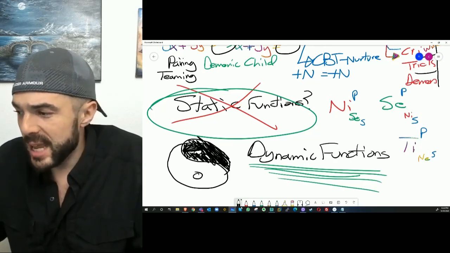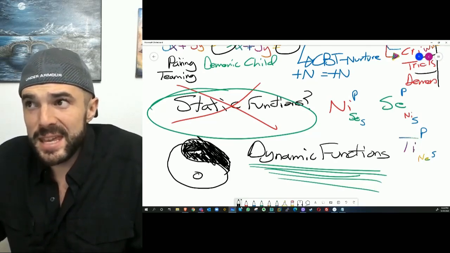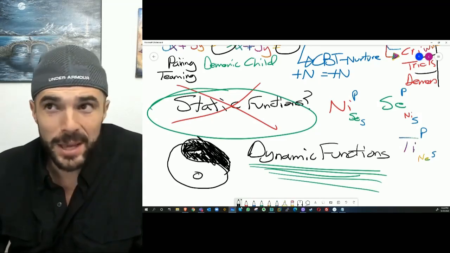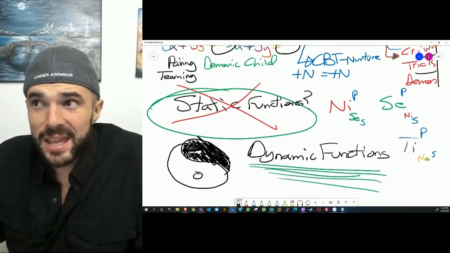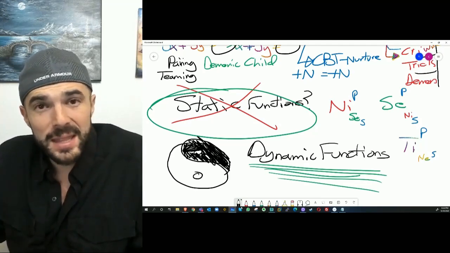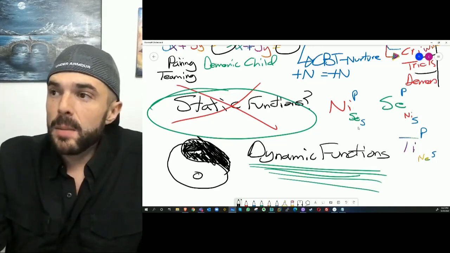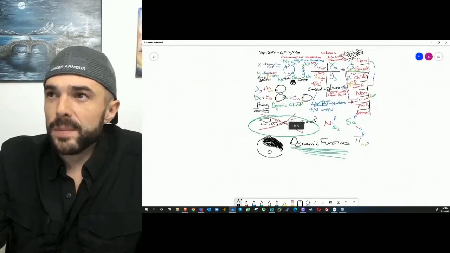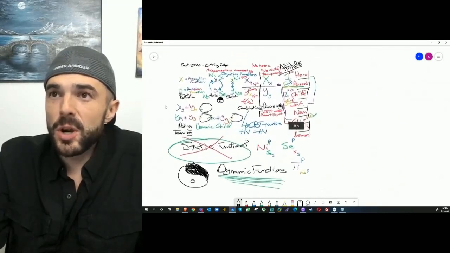I don't understand how people can walk around thinking that they're the end-all, be-all authority of this science when they're not even considering the dynamic components that are required to even achieve cognition to begin with. So I'm going to show you guys a little chart to help you make sense of all this. It's a cool chart.